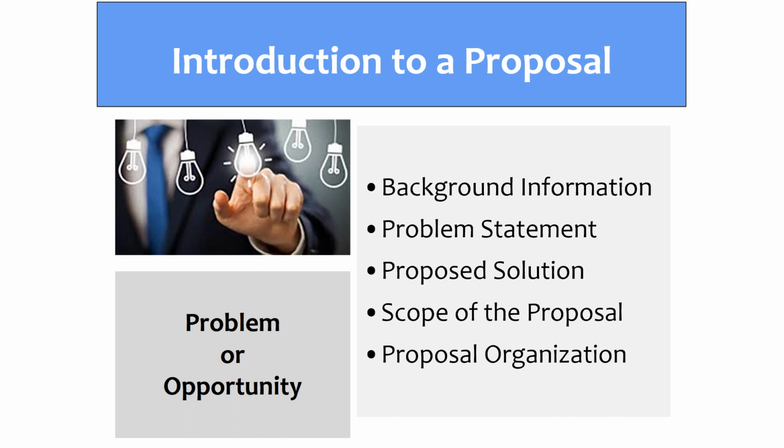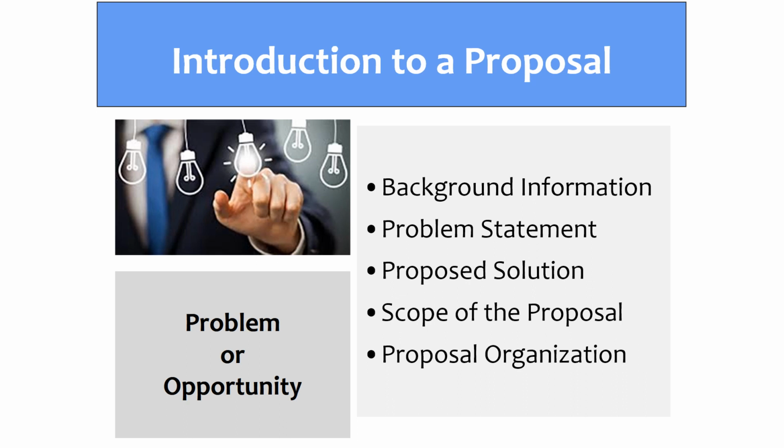And the next one, propose solution. What we need to discuss in here is to briefly describe the change you propose, highlighting your key selling points and the benefits, to show how your proposal will solve the reader's or the audience's problem. The next one is scope. Scope basically states the boundaries of the proposal, what you will and will not do.